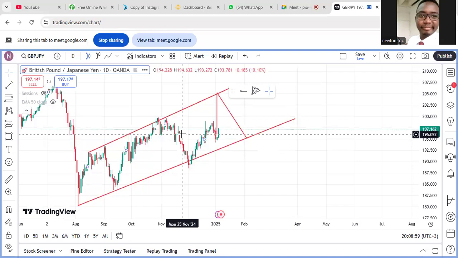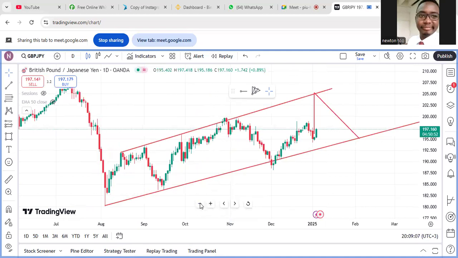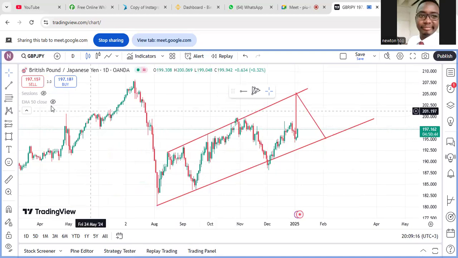Don't complicate it. I remember back when I was maybe a beginner in trading, I used to analyze so many indicators. I used to have something like this.